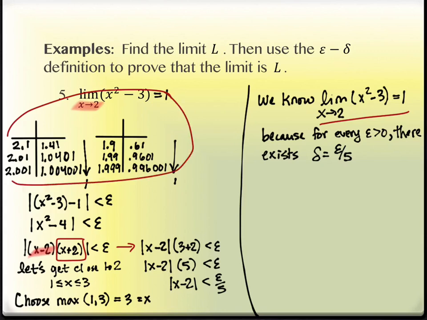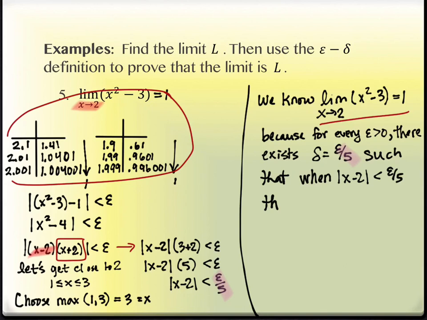The next piece comes from what we created down here, such that when, and then we use the bottom piece, x minus 2 is less than epsilon over 5.